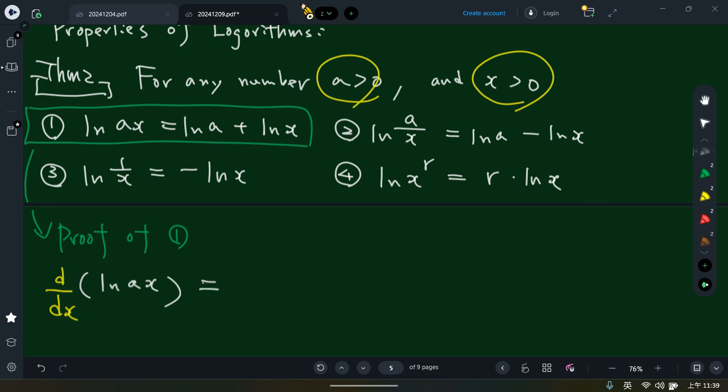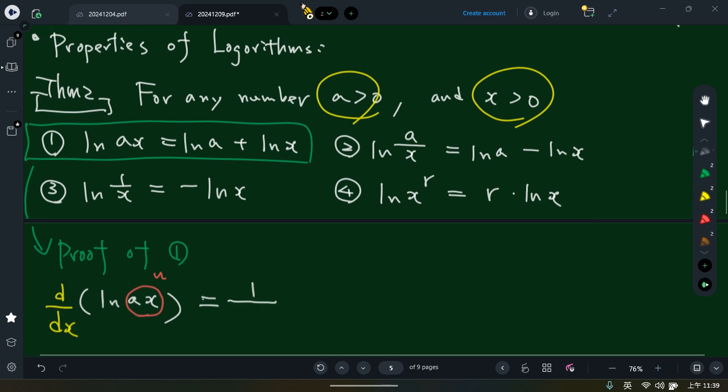That will become, you can see here is u, right? Here is u. So we will have 1 over u first, then times dx, differentiate a of x, right?